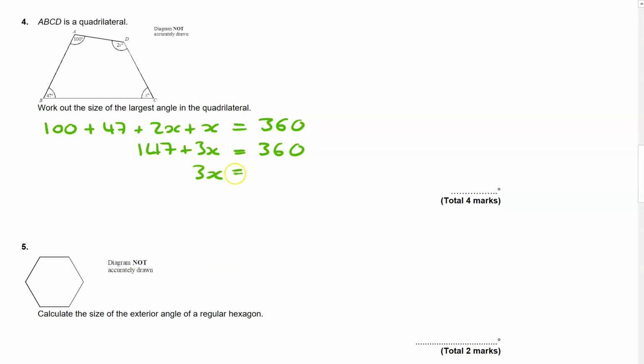So 3x is, sorry, 213, there we go. So x is going to be that divided by 3, which is 71.